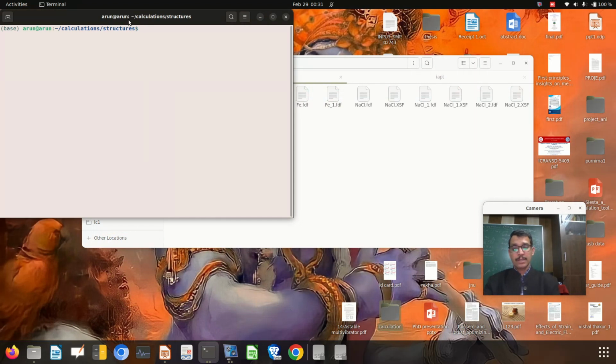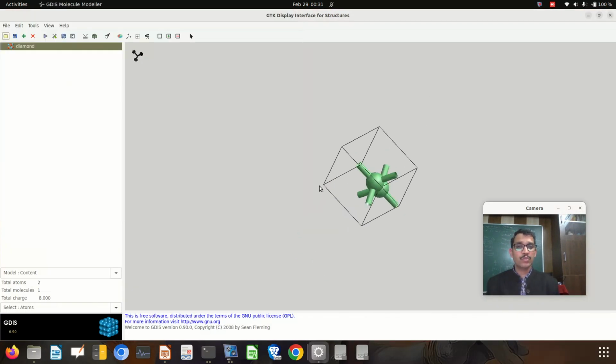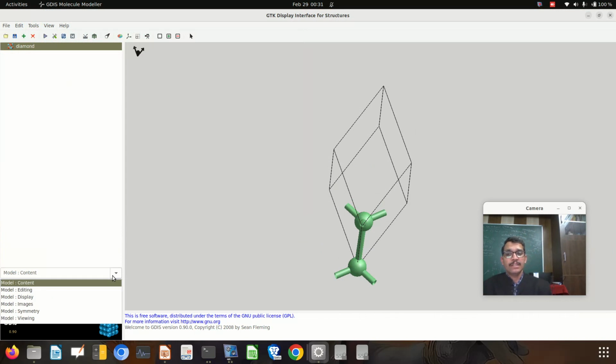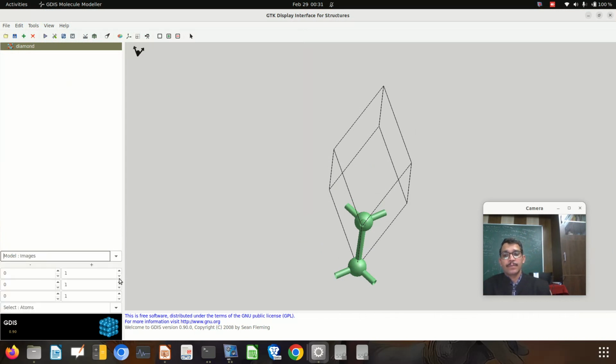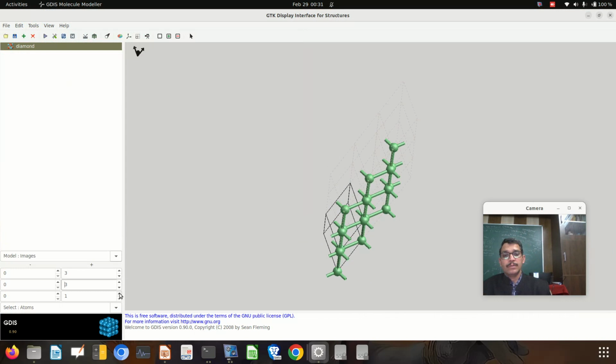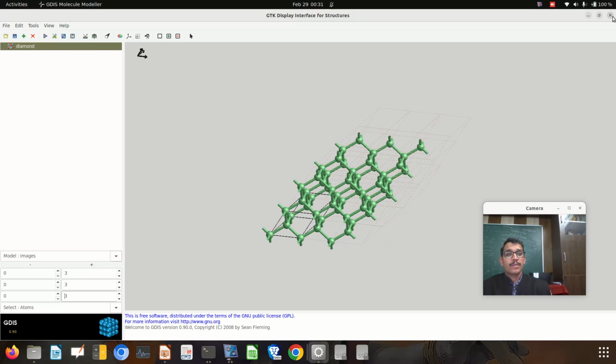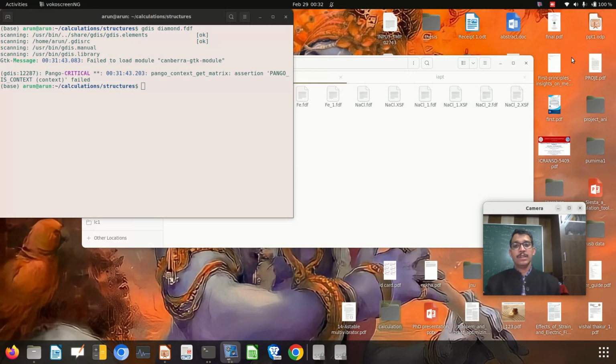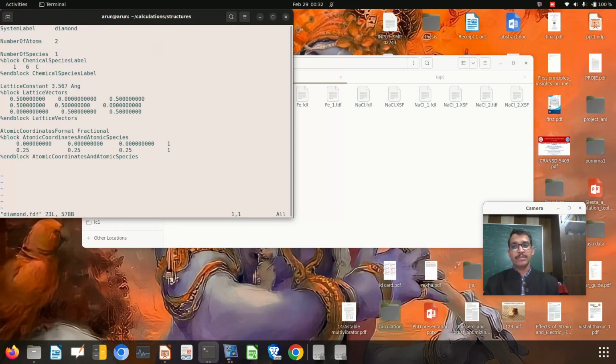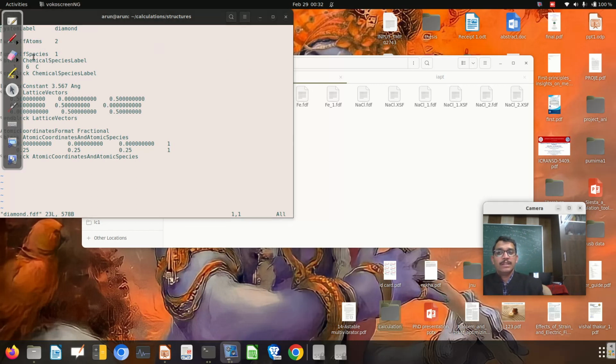So here, in GDIS, it is the diamond.ftf. These are the 2 atoms, and they are behaving like the actual diamond like structure. See, it's like a diamond like structure. Similarly, let me have a look at diamond.ftf. See, these are the positions which I have already described here.